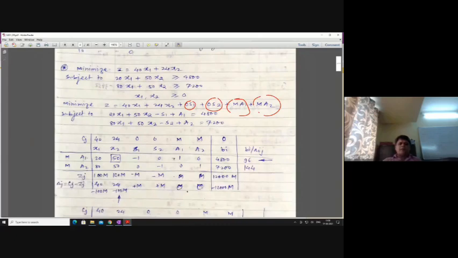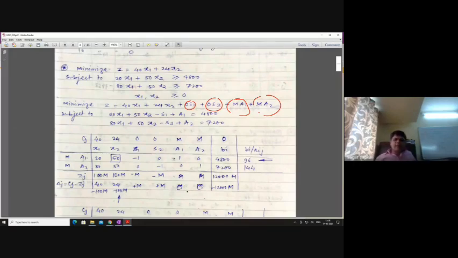You have to write all the total variables column-wise: x1 x2 s1 s2 a1 a2. Has everyone written it? Now, whenever there is a surplus and artificial variable present, you have to take the artificial variable into the base for the initial solution.